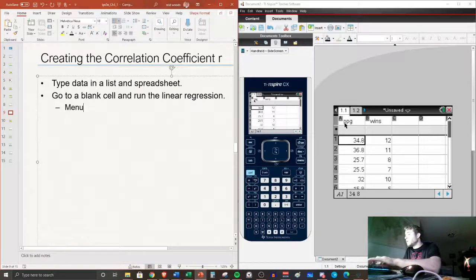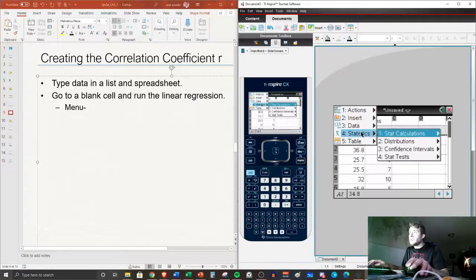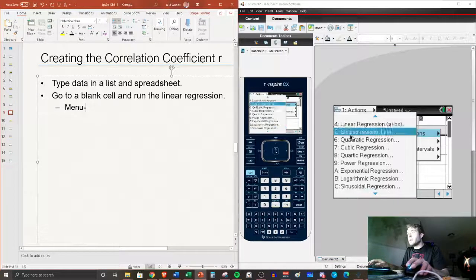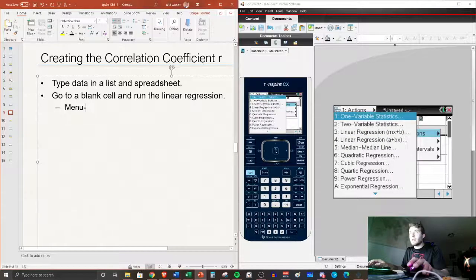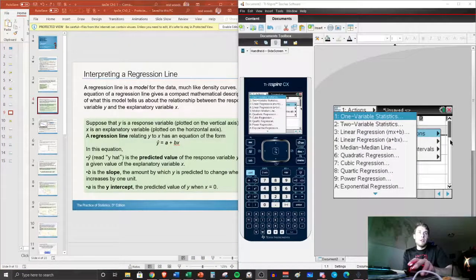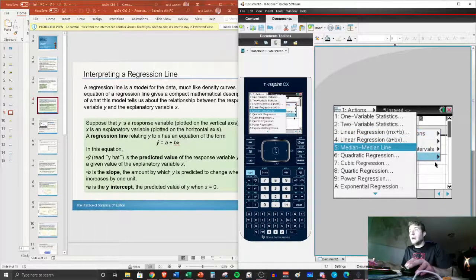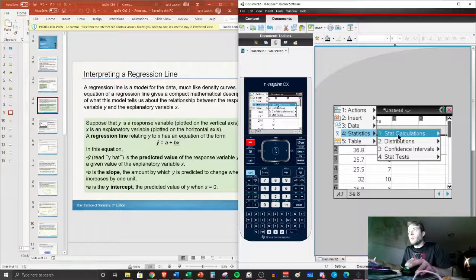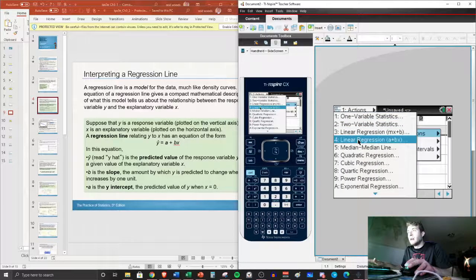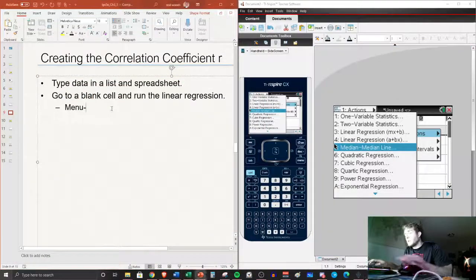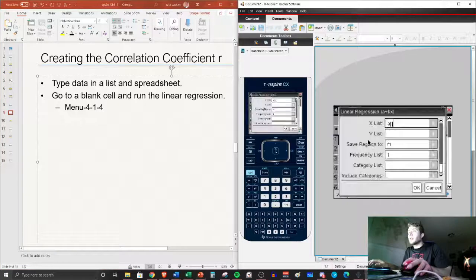That's going to be menu, statistics, stat calculations, and you can see linear regression right there. So menu, which one are we going to be using? 1 second. All right, so we're going to be using 4 here, linear regression. So normally, like when we go in the chat, it's 4, 1, 1, but this is 4, 1, 4 for this. Okay, 4, 1, 4. So menu 4, 1, 4. Create the linear regression. So we're going to click that.